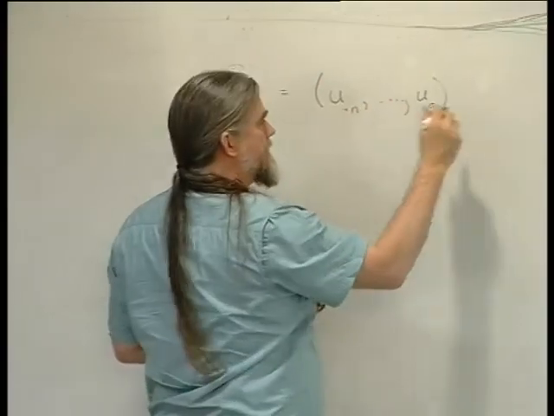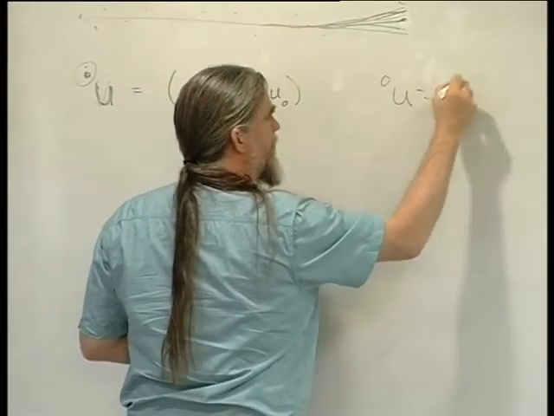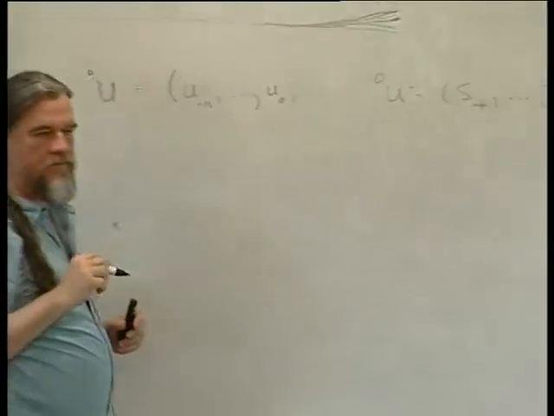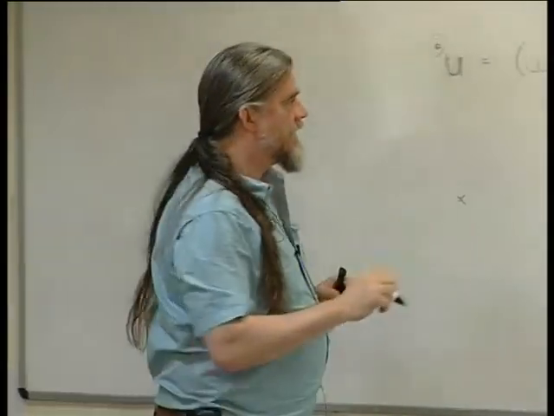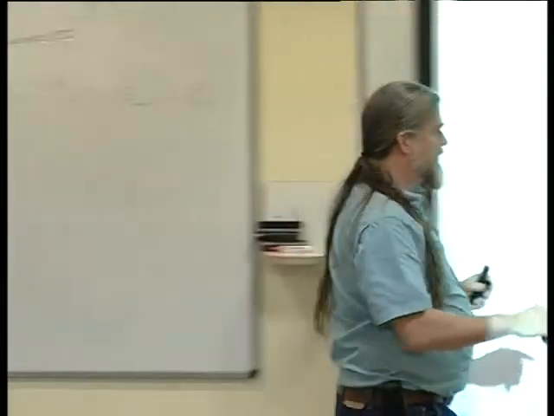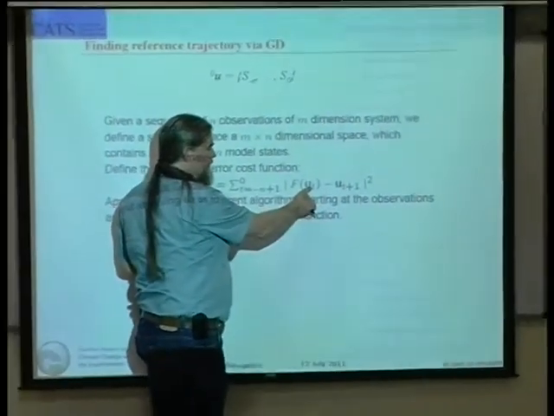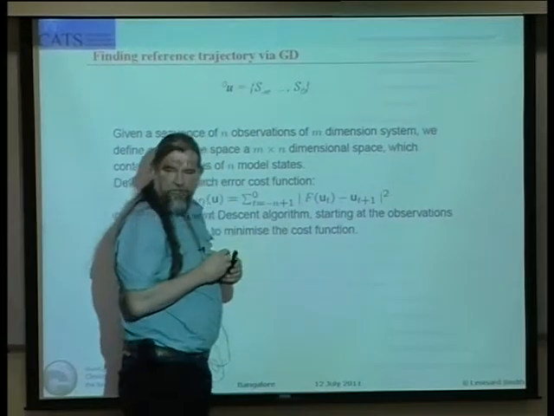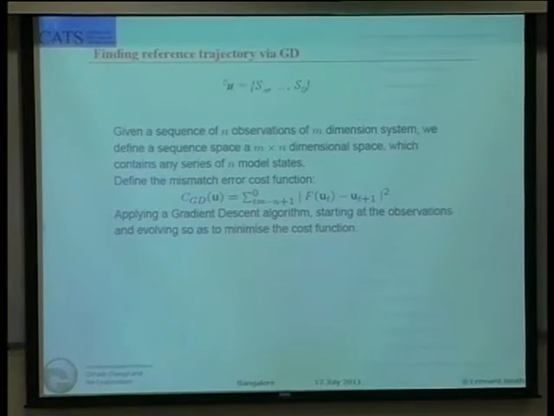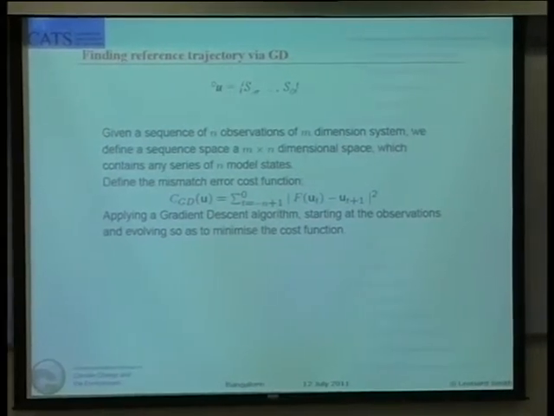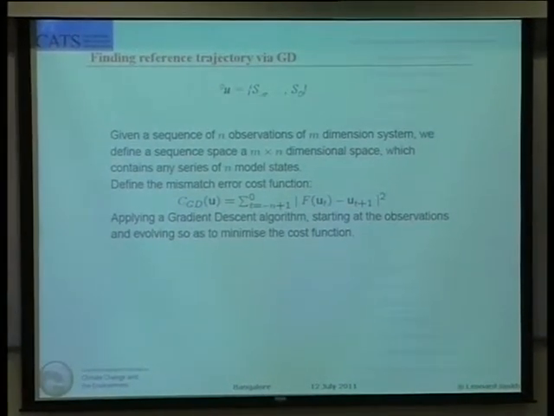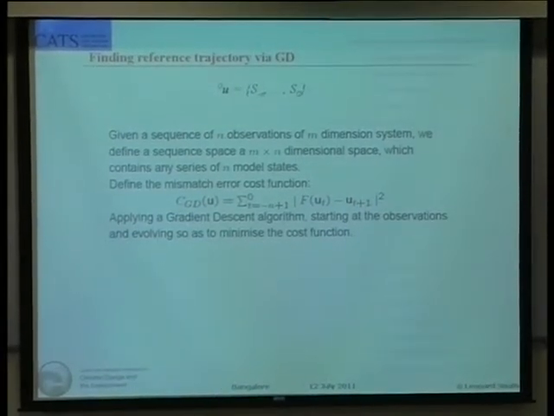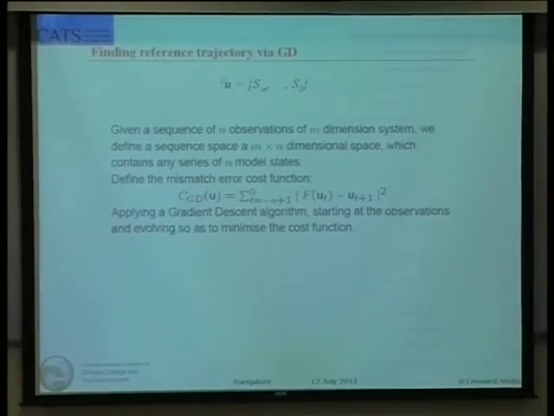At the very beginning, I'm going to set these equal to the observations. So at the very first step, this is just F on the first observed state minus the second observed state. So this is U sub 0. I map it forward. Sorry, this is U sub minus t. I miss U sub minus t plus 1.